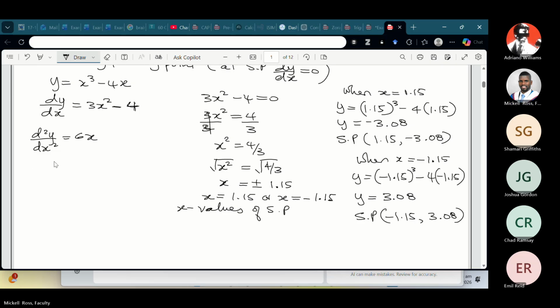So when x is equal to 1.15, the second derivative is going to be equal to 6 times 1.15. So that's going to be about 6.9.